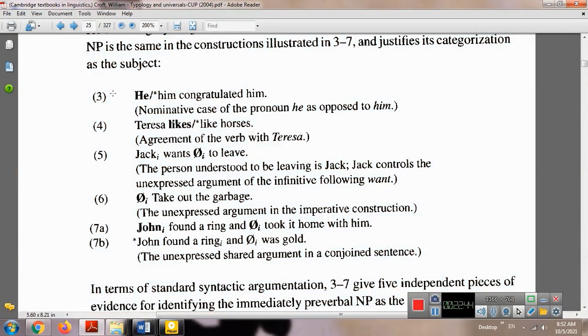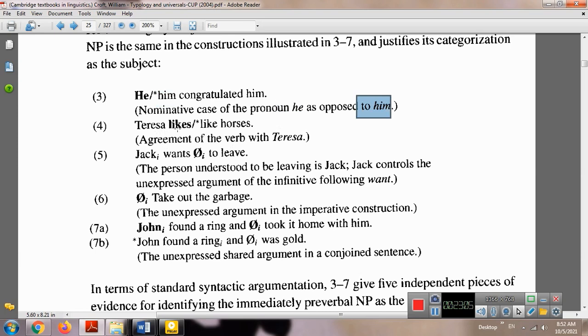For example, here it wants to say that he is correct, but him is ill-formed and not correct. He congratulated him. We cannot say that him congratulated him. Nominative case of the pronoun he as opposed to him.